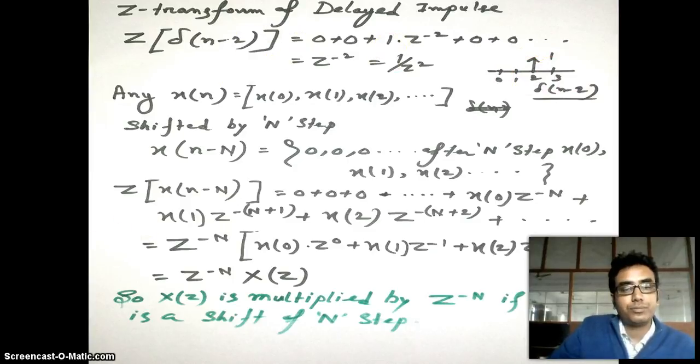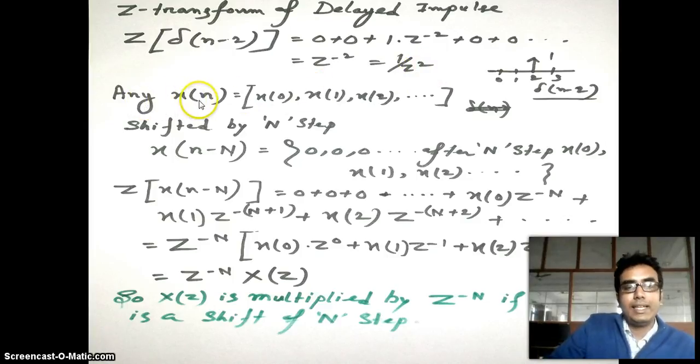So the Z transform of delta of n minus 2 will be 1 by z square. How? Because x0 is 0, x1 is also 0, and x2 is 1 into z to the power minus 2, so it will become 1 by z square.